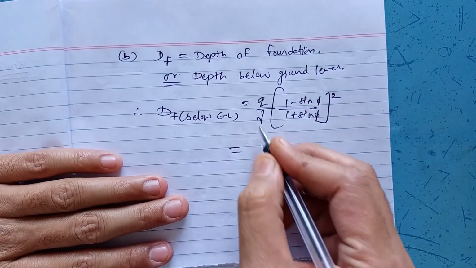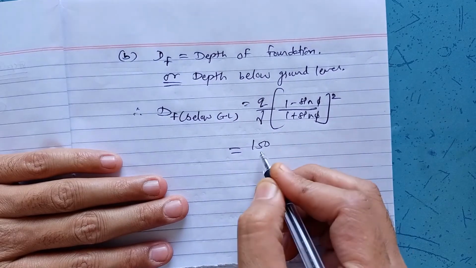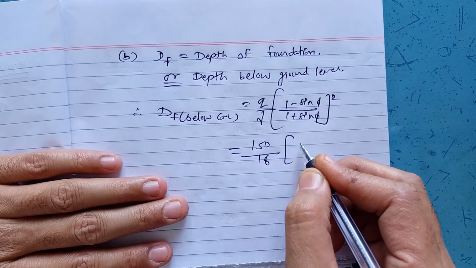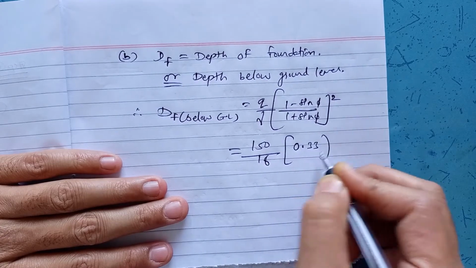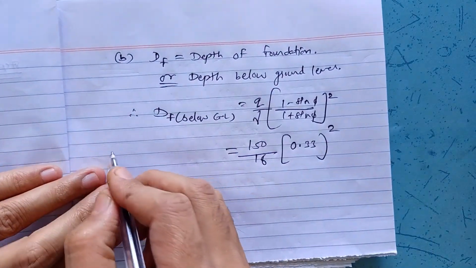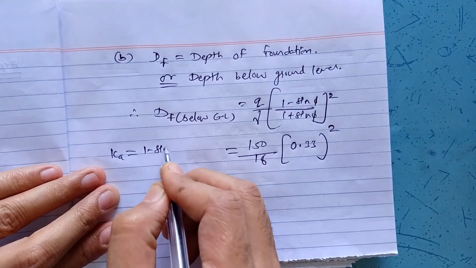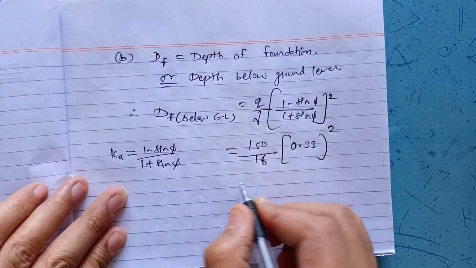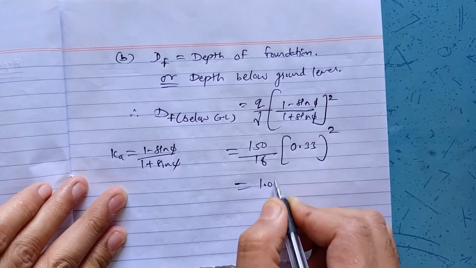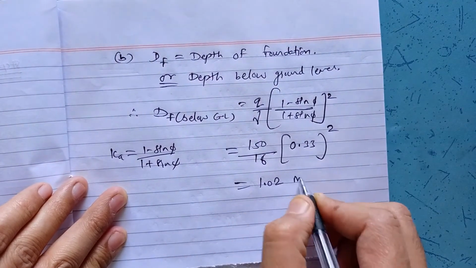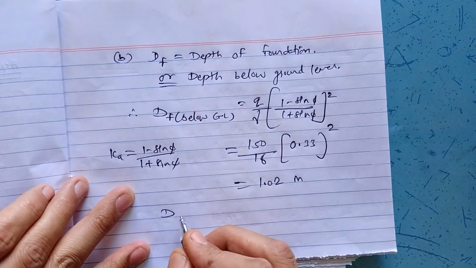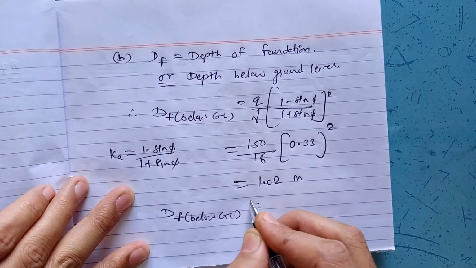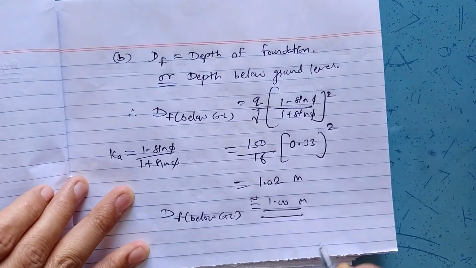Now substituting the values, here Q is nothing but the safe bearing capacity of the soil, gamma is the unit weight of soil, into bracket Ka, which is 0.33, squared. You might be knowing Ka is nothing but 1 minus sin phi divided by 1 plus sin phi, that is the active earth pressure coefficient, and on calculation we get 1.02 meter. Hence DF below ground level will be assumed as 1 meter.